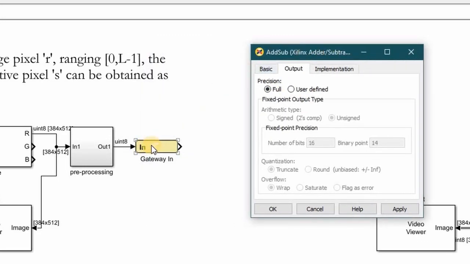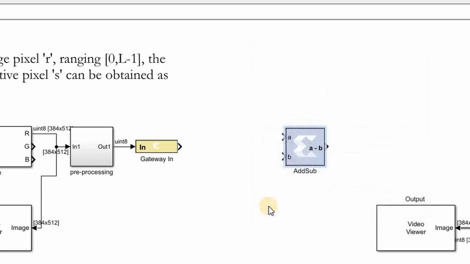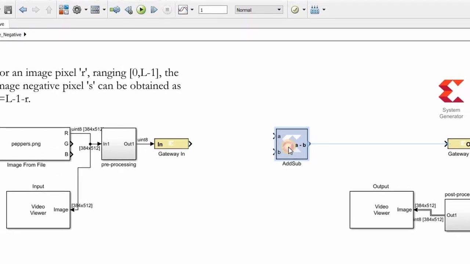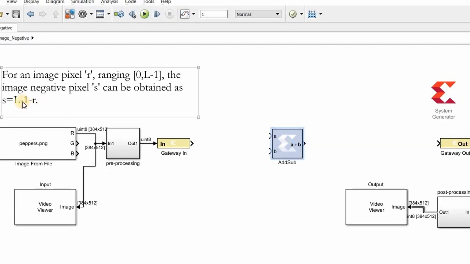Here we are considering the fixed point representation as total number of bits equal to 8 and binary point at 0. So the same must be defined here. Unsigned, 8 bits and 0. Okay. We have one subtraction here, and for L minus 1.